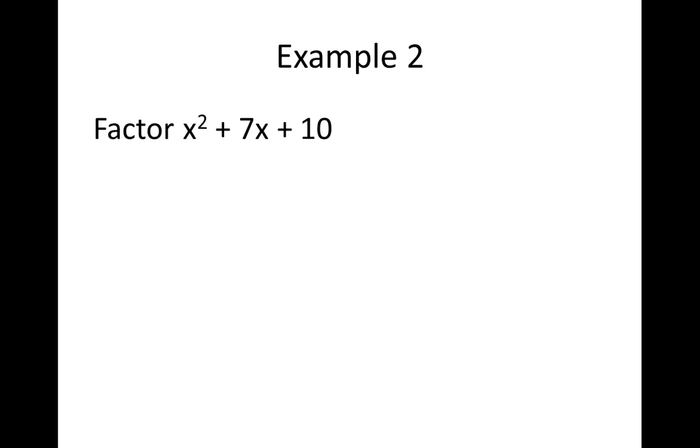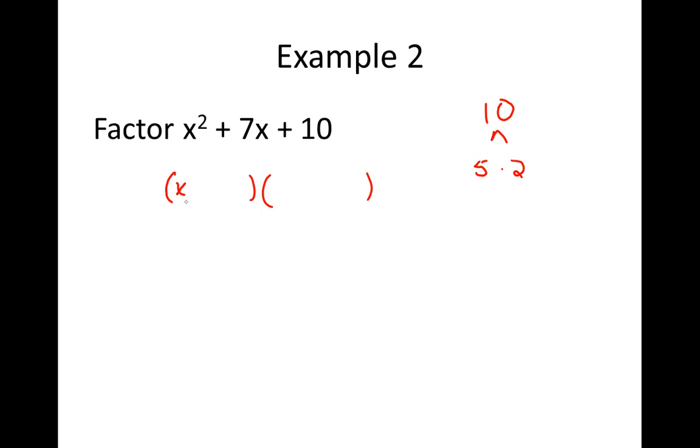Okay, let's try this one. Again, our strategy is we're going to find factors of 10 that combine, add or subtract, in this case it's going to be add, to give me that middle term. Good. 5 and 2. So 5 times 2 is 10, and 5 plus 2 is 7. So let's go ahead and factor this.